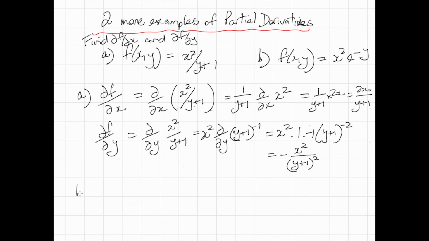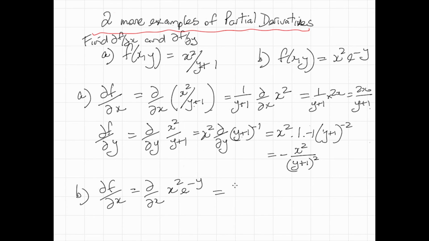Part B, we want partial df dx, so the derivative with respect to x of x squared e to the minus y. Now once again, if we're doing with respect to x, y is constant, so e to the minus y will all be constant. That'll be just a constant number if y is constant.